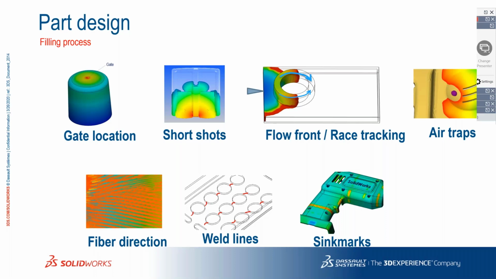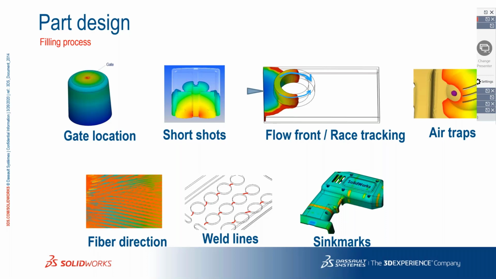You can see the flow front and race tracking, and you can also see the air traps and fiber direction, which is very important in products that are aesthetically important, and transparent and translucent, where fiber directions would define the transparency of the part which is going to be produced.